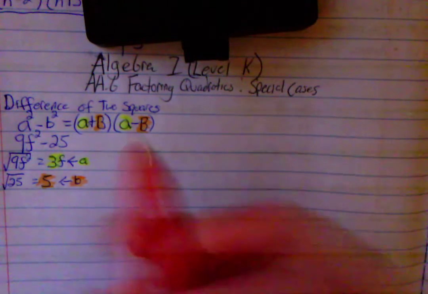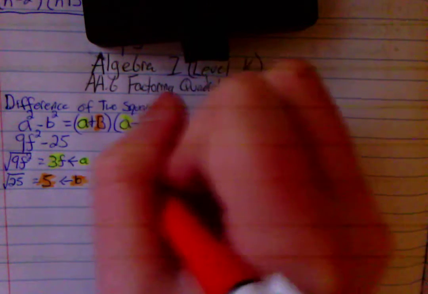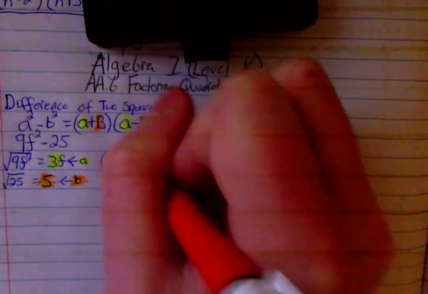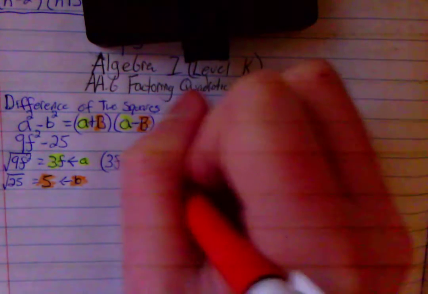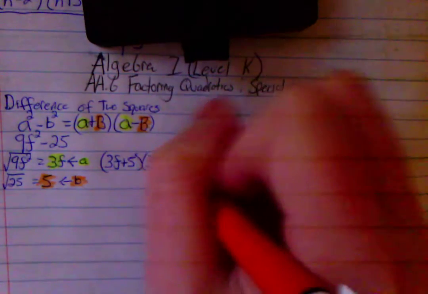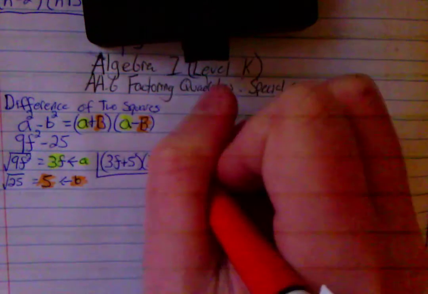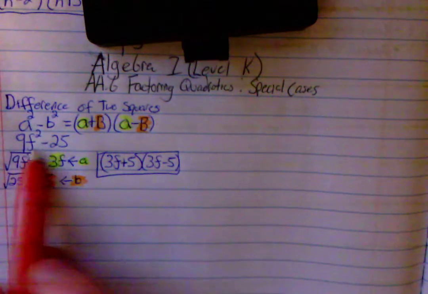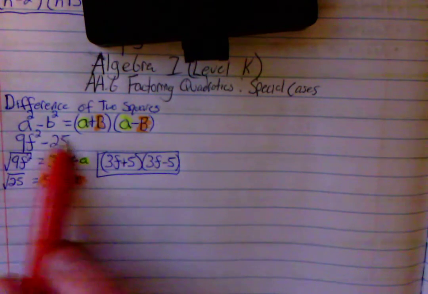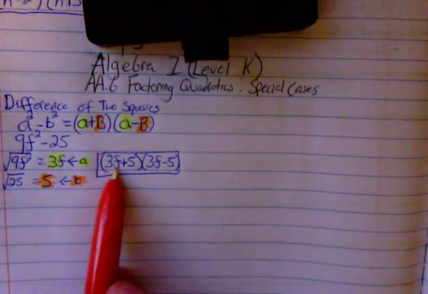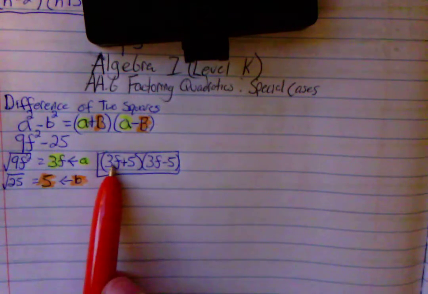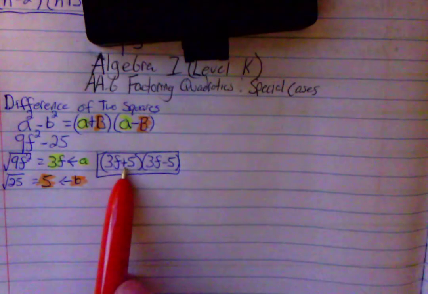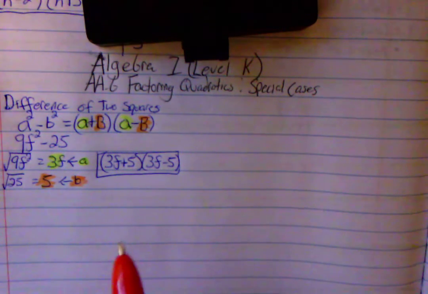Now we simply fill in these parentheses. So we have 3f minus 5, or plus 5, doesn't matter, 3f minus 5. That is our answer. Essentially you're always just going to take the square root of the first term, the square root of the second term, draw your parentheses, plug them in accordingly, and the signs are going to be opposite.